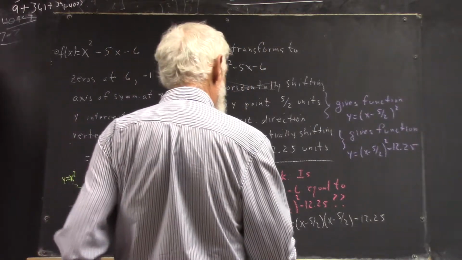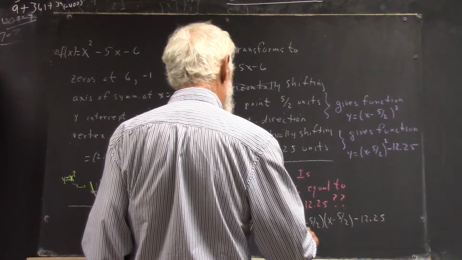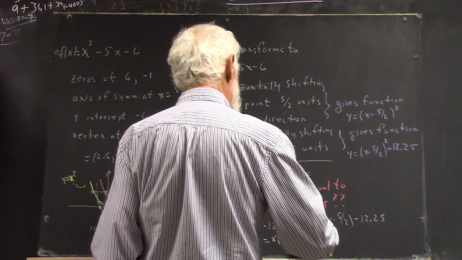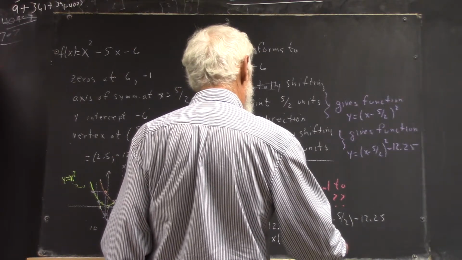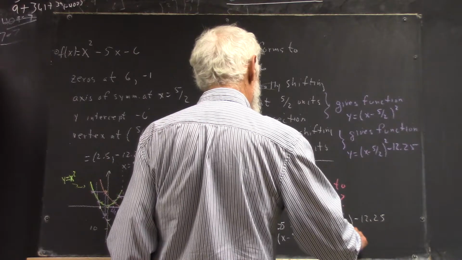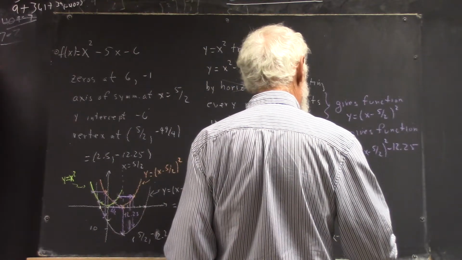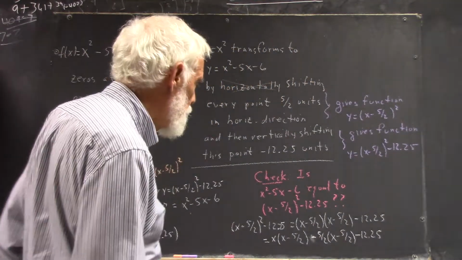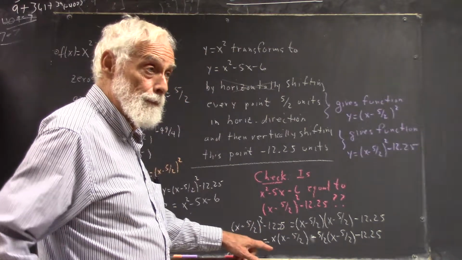This equals x times x minus 5/2, plus, well, let's say minus 5/2 times x minus 5/2, minus 12.25. Understand that step?